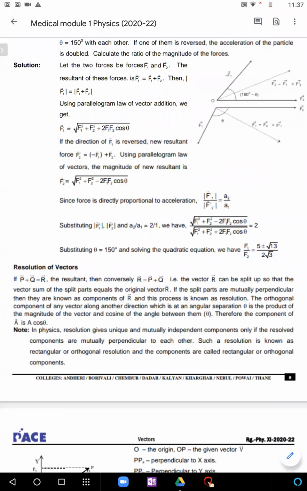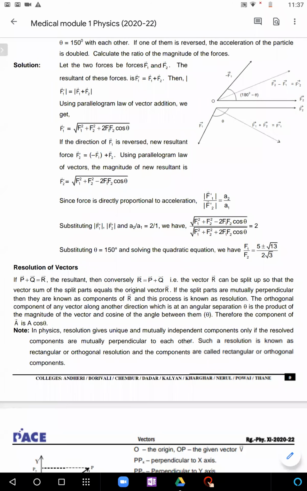So he has substituted theta as 150. So cos 150 we know is minus root 3 by 2. ठीक है?